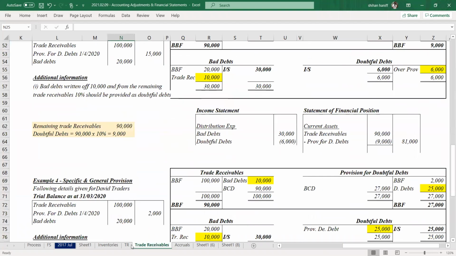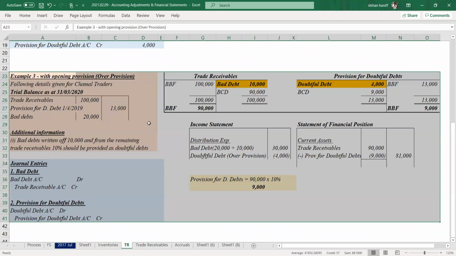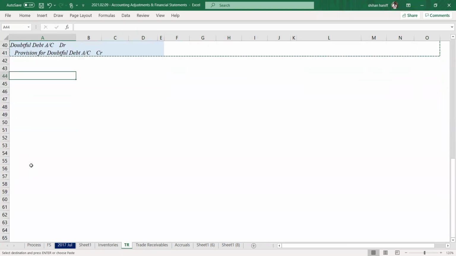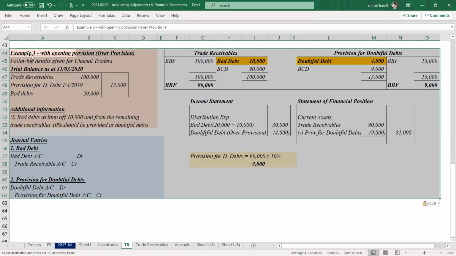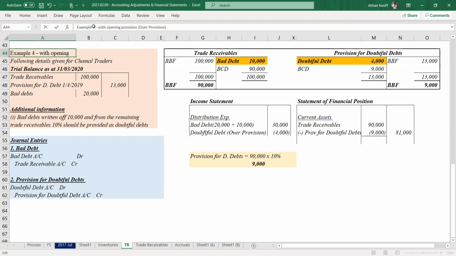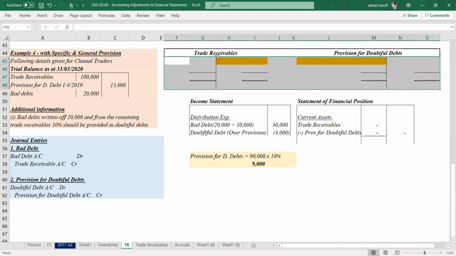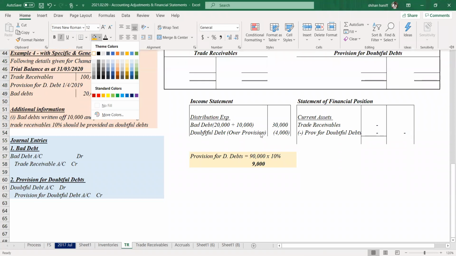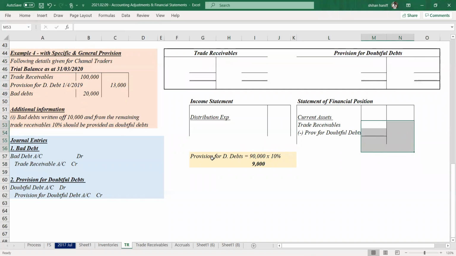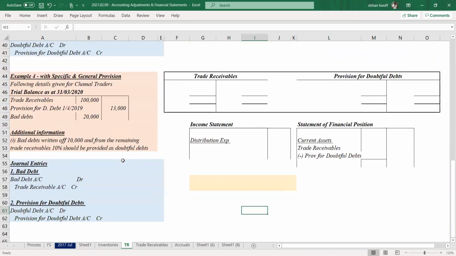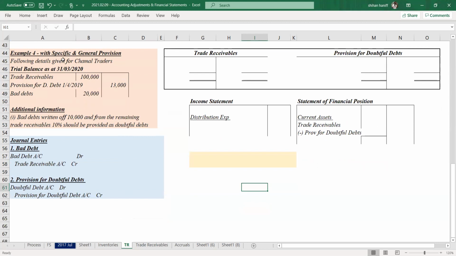So I have another example. Example 4. Now I'm going to explain a specific provision, and this is also another important part. Example 4, with specific and general provision.